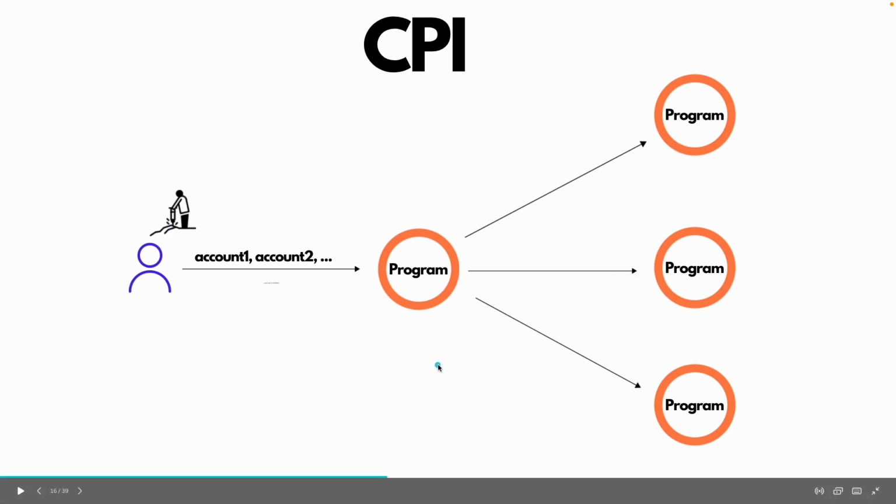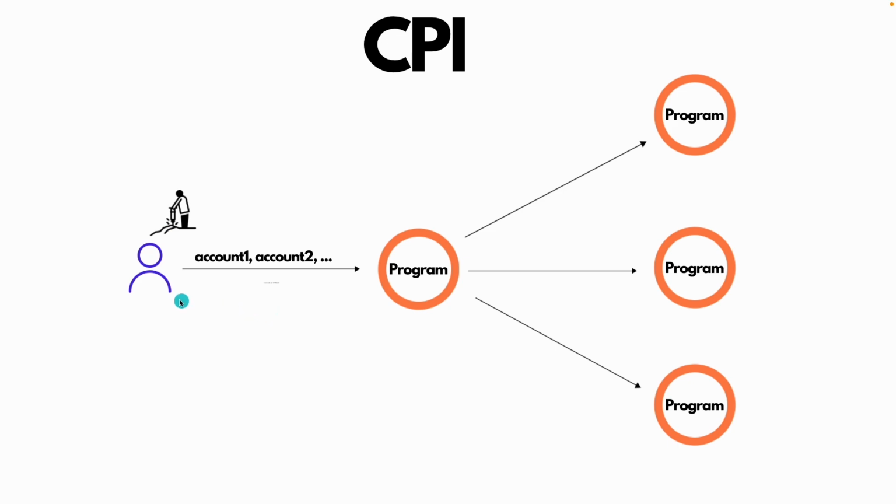I'll repeat that. Up until this point, we were expecting the user to pass in the data account to a program and sign that transaction to let the program know that they actually own it. But if in the future we want the user to just maintain a single account and then the program to be able to figure out various accounts from it, how can this program do that?